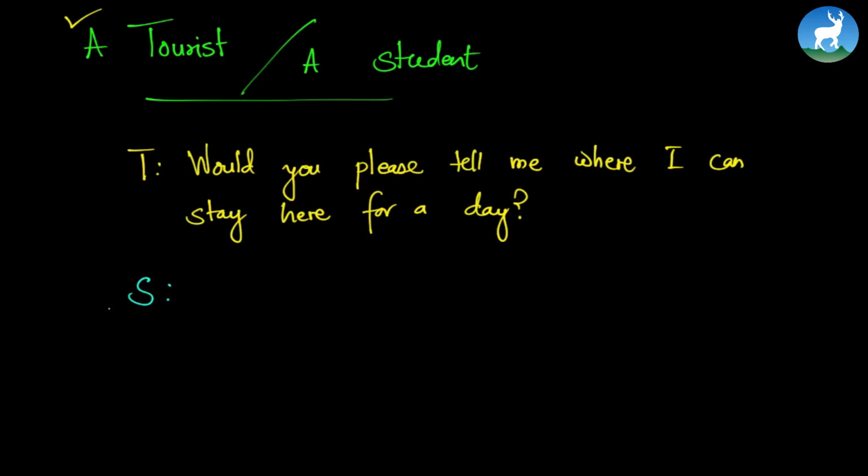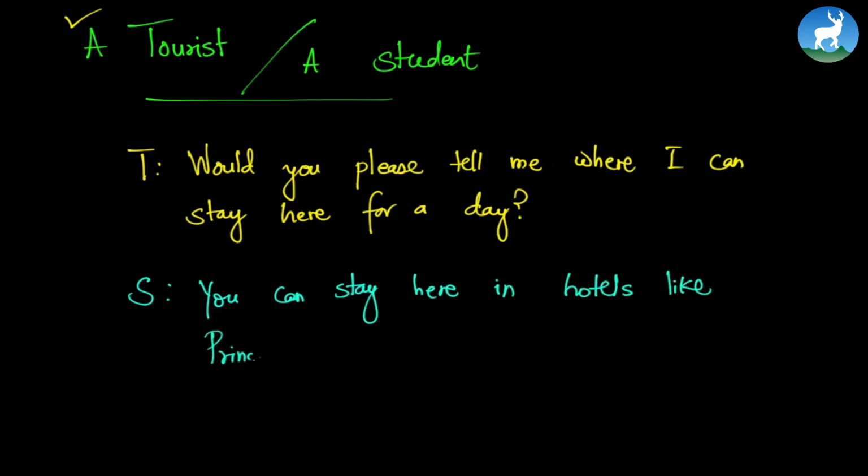That is also another way of asking. And now the student would reply something like this: you can stay here in hotels like Prince and Maya Lu. So the tourist is asking the question, would you please tell me where I can stay here for a day? And the student answers, you can stay here in hotels like Prince and Maya Lu.